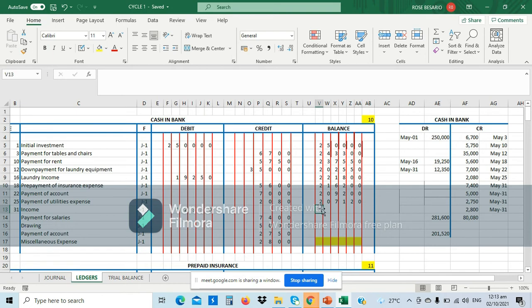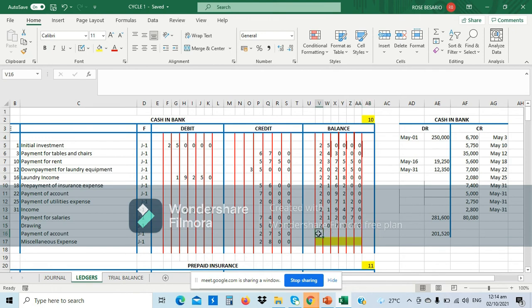And then plus 12,350. That's equal to 219,470. Then we deduct 7,400. That is equal to 212,070. Then we deduct 5,000. That is equal to 207,070.